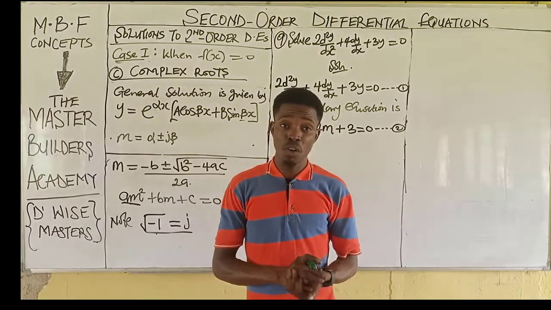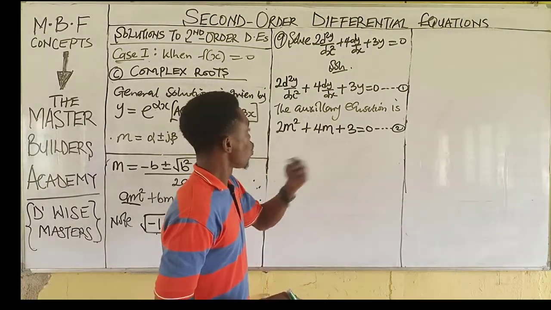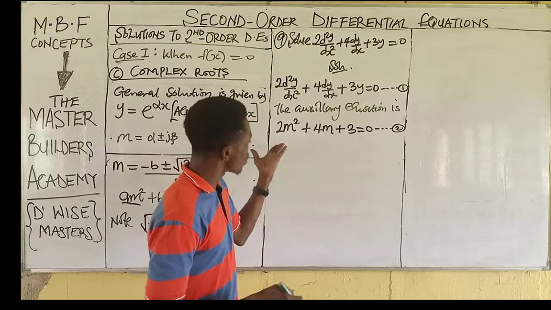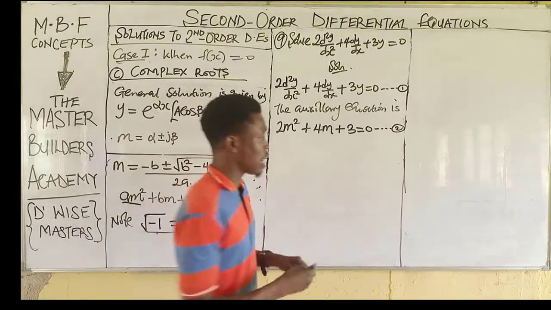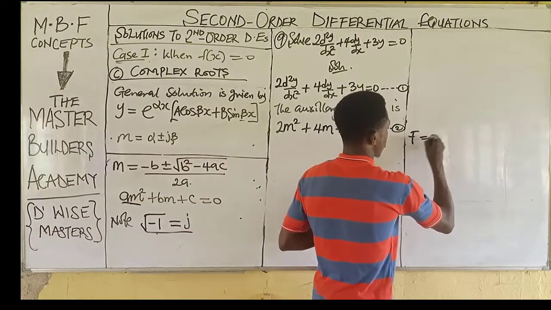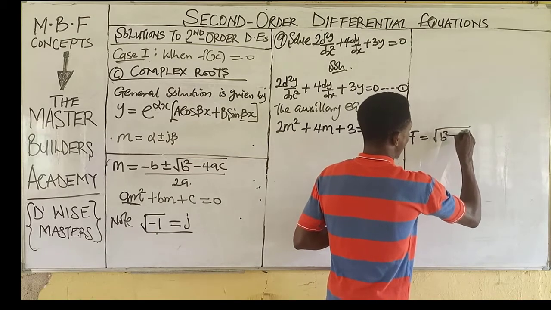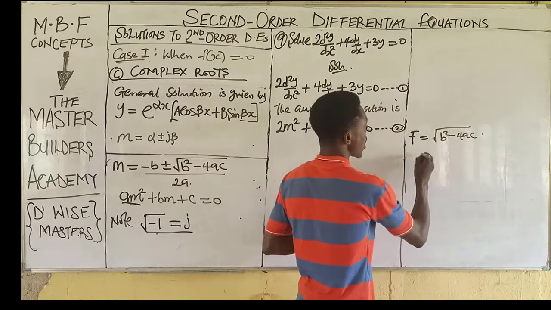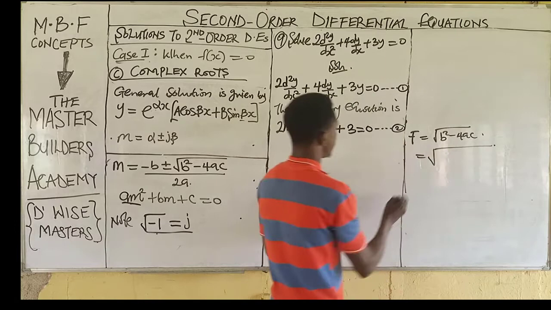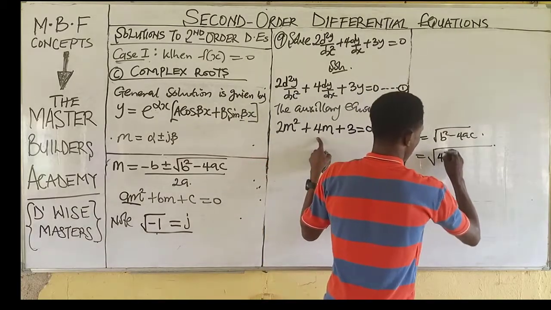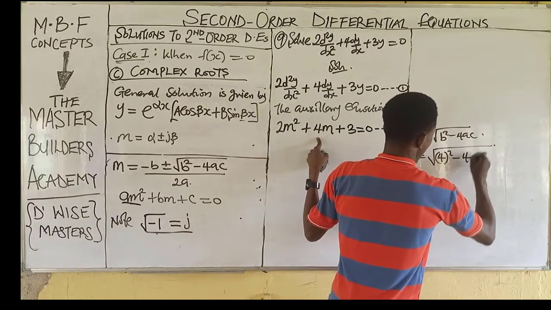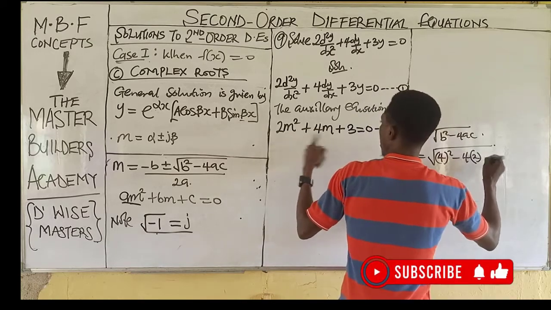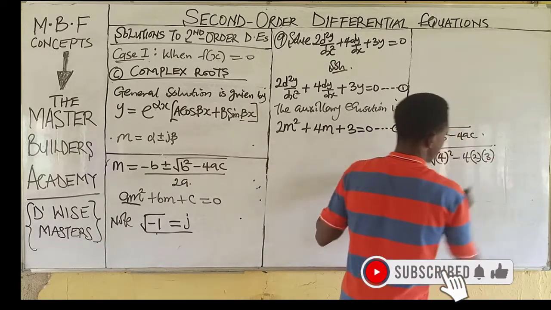Now, like I explained before, you can always test run to know whether a particular equation you are given is factorizable. Let's work it out again. We have b squared minus 4ac. Then what is b? b is 4, a is 2, and c is 3.